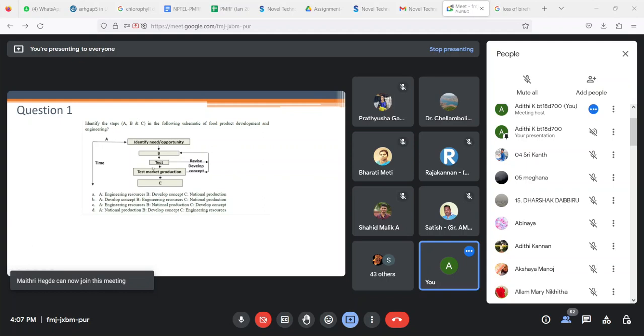What is required to identify the need or opportunity that is present in the market right now?